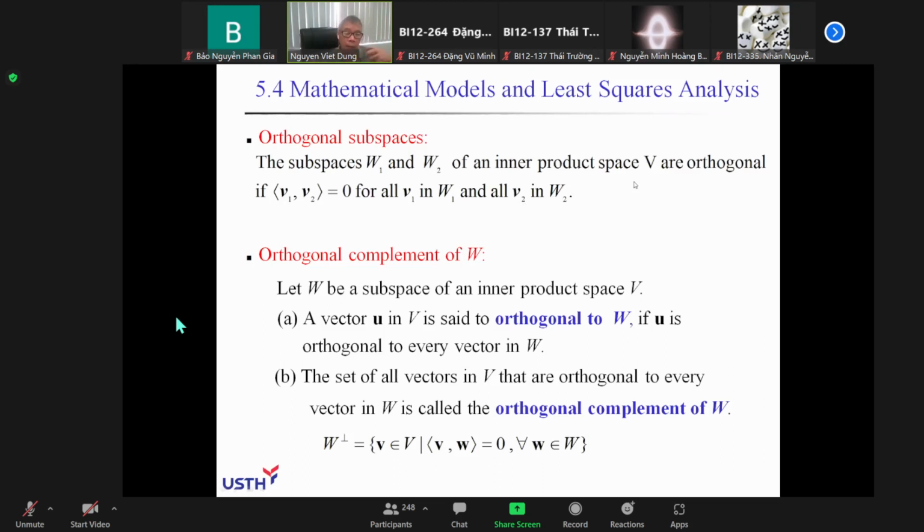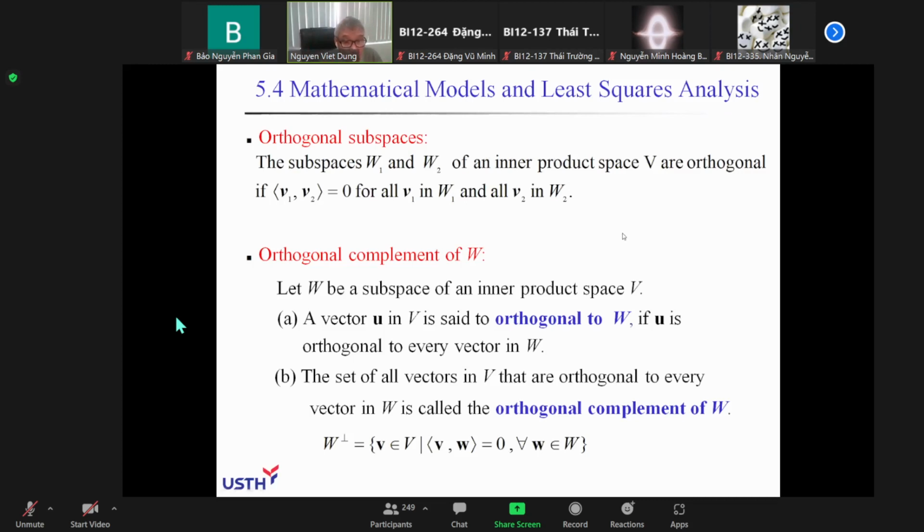You can find an example from the geometry in high school by imagining. You can take a plane and a line orthogonal to each other, and then you can imagine anything is here.